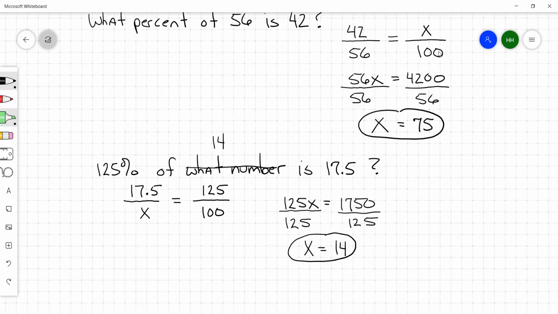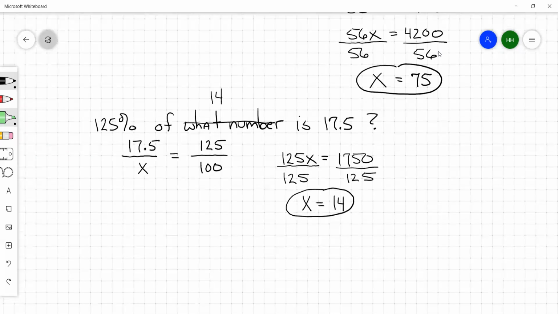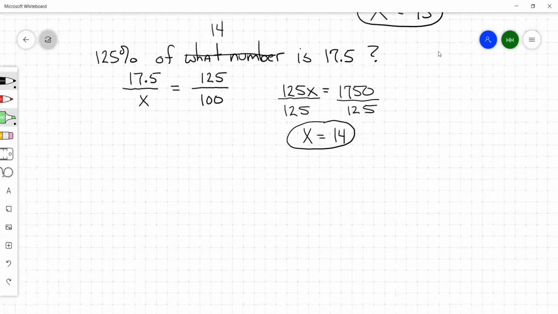Any questions so far? Let's do 30% of what number is 12.5?